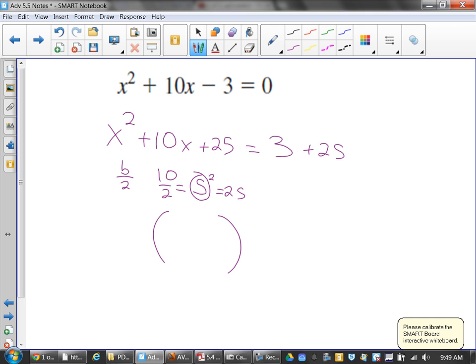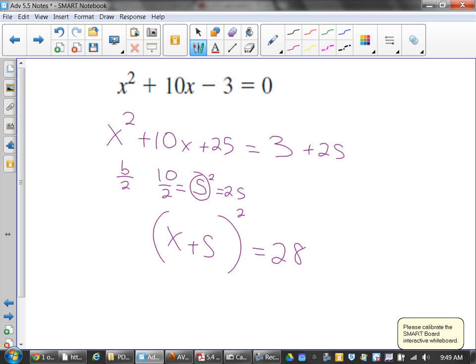So what you've done here is you've created a perfect square, with your term being x plus 5 quantity squared, equals 28. What's nice about completing the square is that your half of b always goes into your term in parentheses. That's your answer to that, 5.